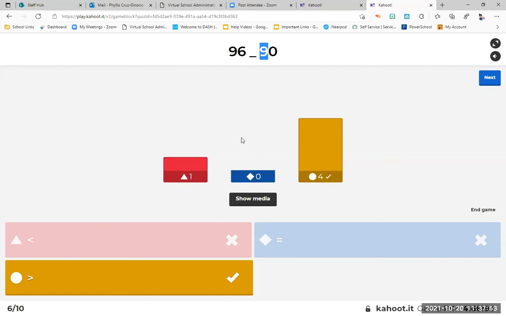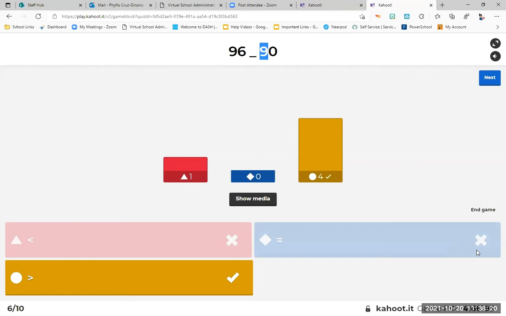So listen to my question. I'll try it one more time. If the tens are exactly the same, see how the tens look the same? Where could we go look to help us determine which one's greater? The 6 is greater.